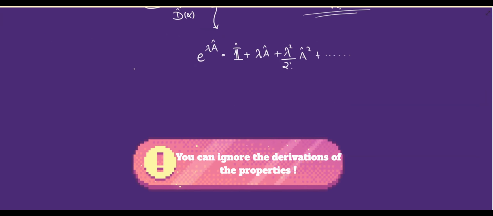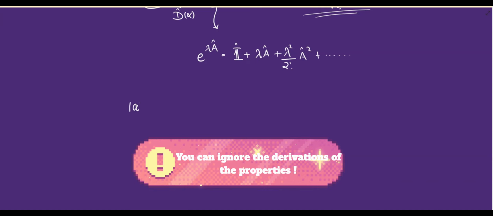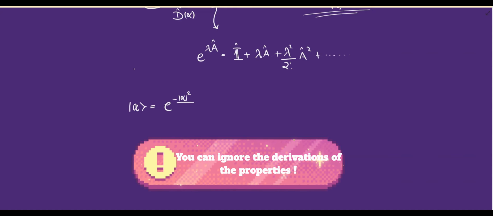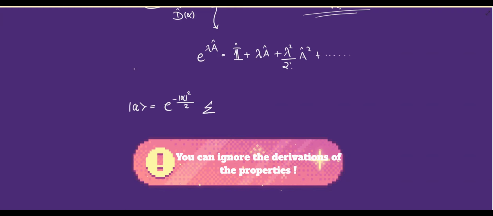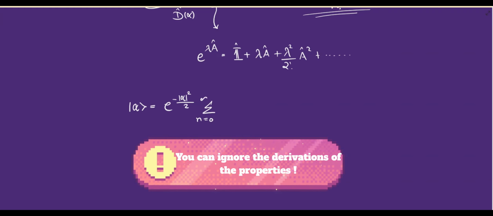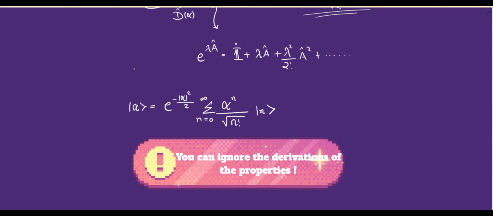So I can write this as the first property of the coherent states, that alpha is equal to e raised to minus mod alpha squared divided by 2 summation n equal to 0 to infinity alpha raised to n divided by root of n factorial times n.